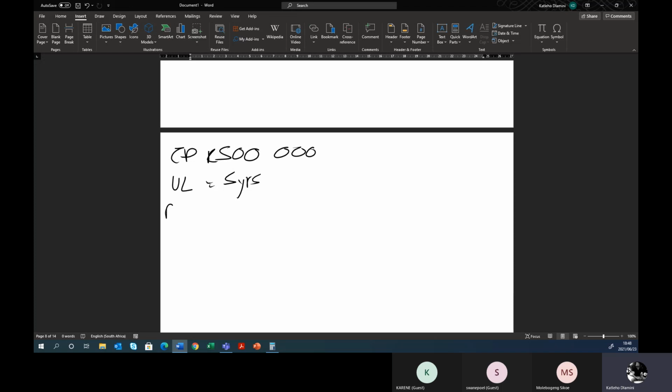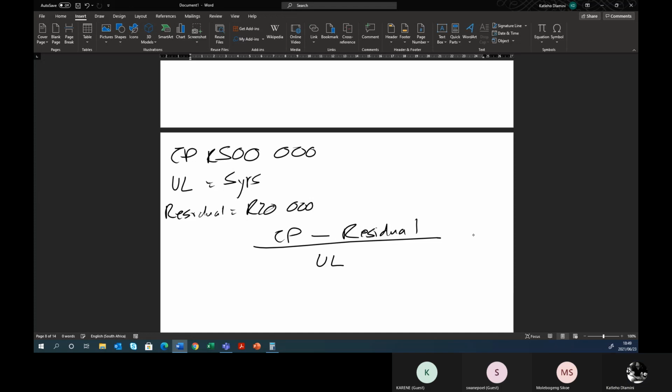And then let's say they say your residual value is 20,000. So they're saying now, after 5 years, it'll be worth 20,000. You can simply calculate this by saying the cost price minus residual. So obviously you will not include residual in this calculation. You'll put it aside, divided by useful life.